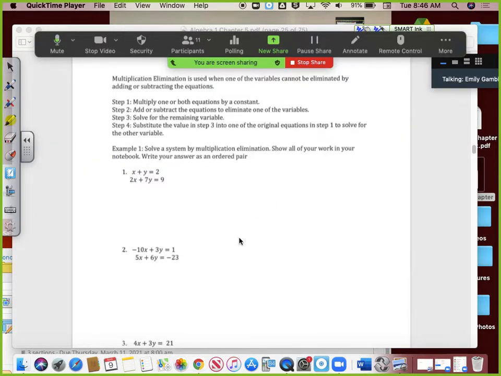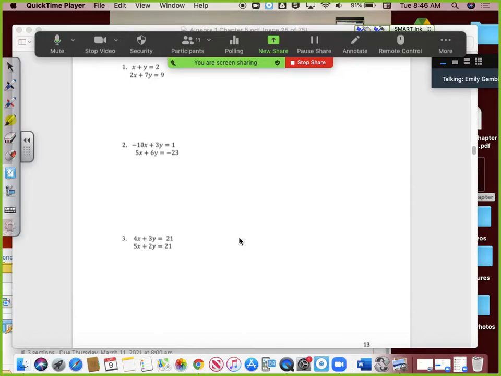So looking at number 2, we'll start with a fresh system of equations. We have negative 10x plus 3y equals 1, and 5x plus 6y equals negative 23. We can either eliminate x or we can eliminate y. It's up to you. Looking at these options, I know that I can't just add them straight down and have anything cancel, because nothing's exactly the opposite.